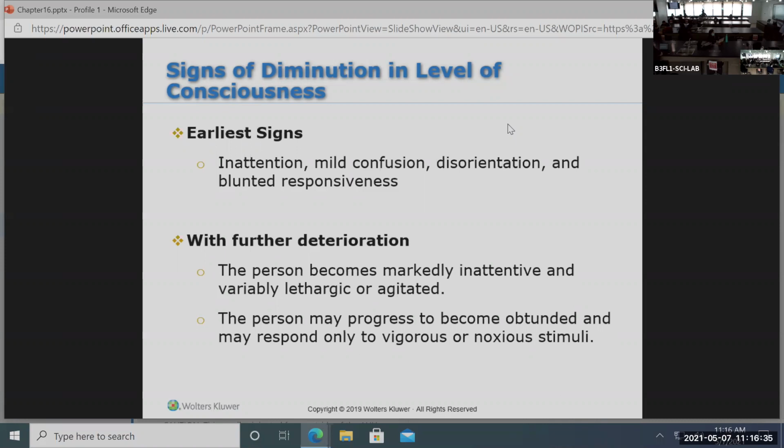After holding with my thumb with deep pressure, after a while, the patient responds. Then they move the body part. Patient moves after deep stimulation. That's what it says, and may respond only to vigorous or noxious stimuli, because the patient is in deep coma.